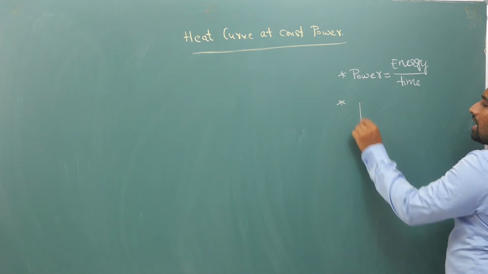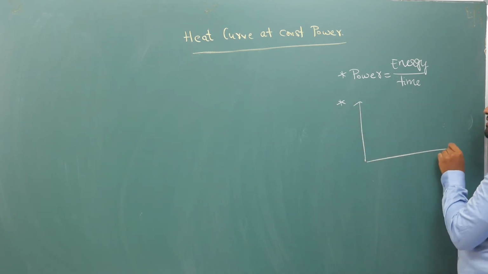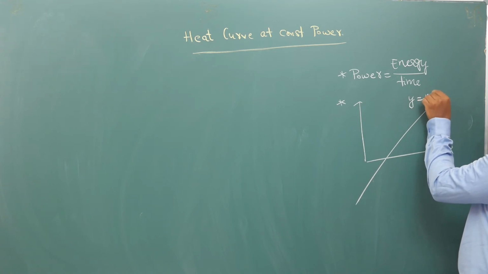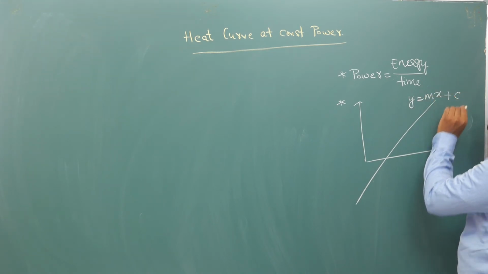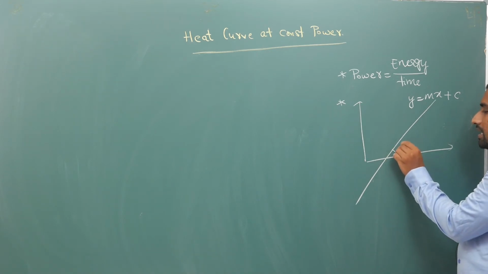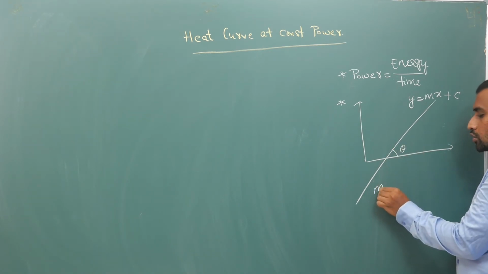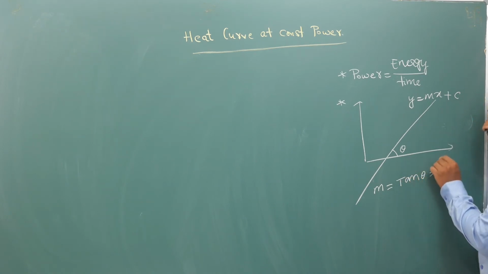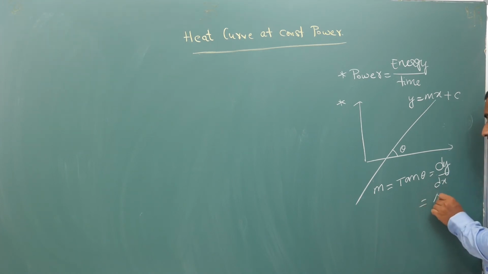Next, if you have a graph that is a straight line, it will be y equals mx plus c. Now if this angle is theta, your slope is m equal to tan theta, which is also equal to dy by dx, and for a straight line this is the same as delta y by delta x.